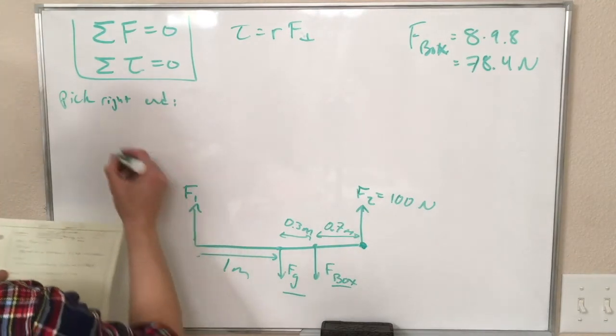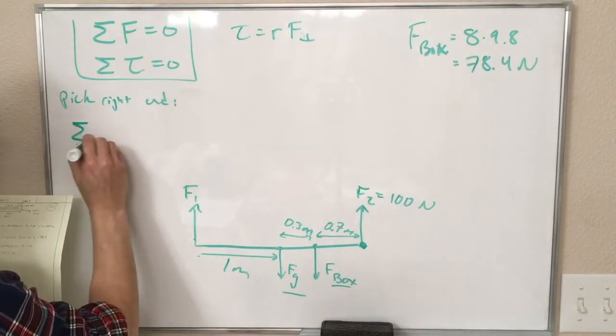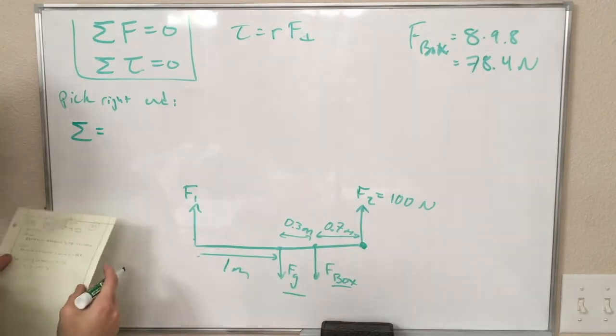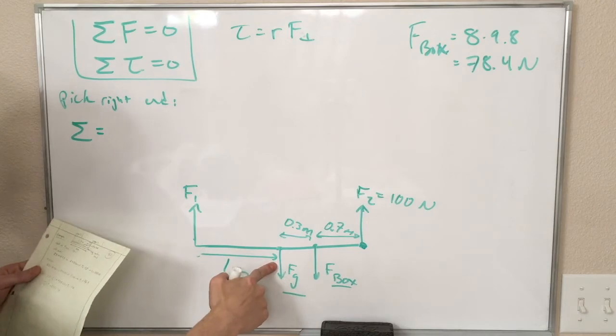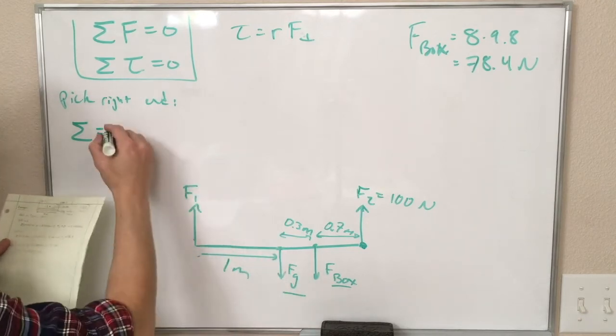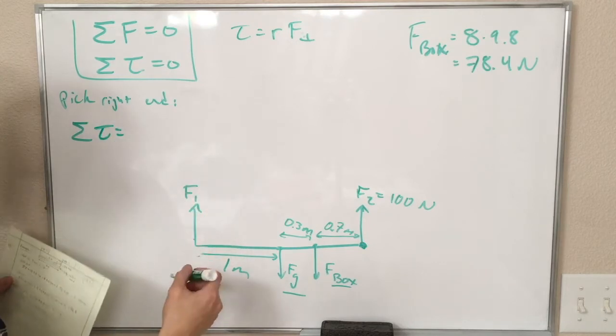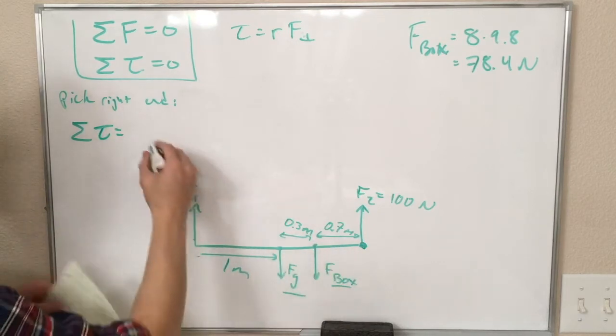So let's go ahead and do that. The sum of our torques around this right end is now equal to, so we'll start with F1. The sum of our torques is equal to 2 meters times F1.